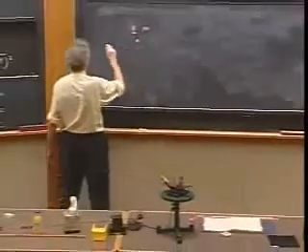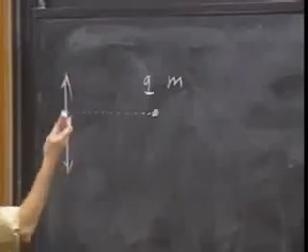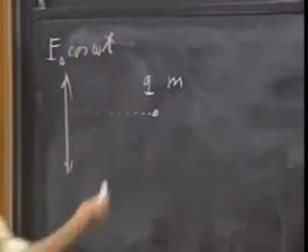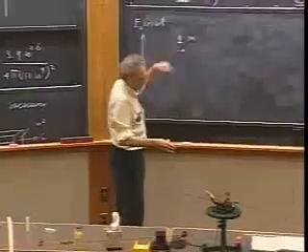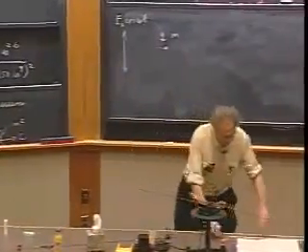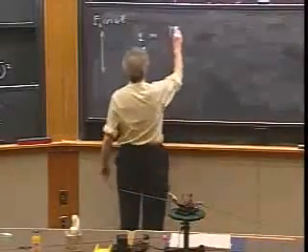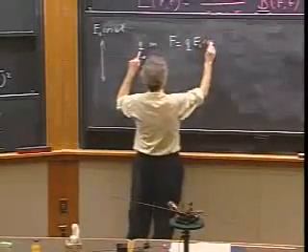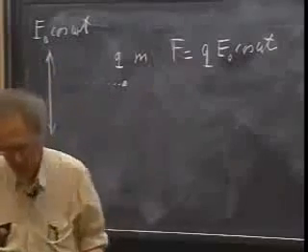It has mass m. And from the left comes linearly polarized radiation. That's what I have chosen. E0 cosine omega t. So it just comes in. It's a plane wave, infinite in size. It comes in like that, and this electron begins to shake. And the force that the electron will experience, F, is Q times E0 cosine omega t, right? That is the definition of electric field as it is connected to force.